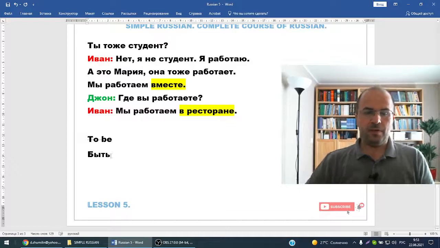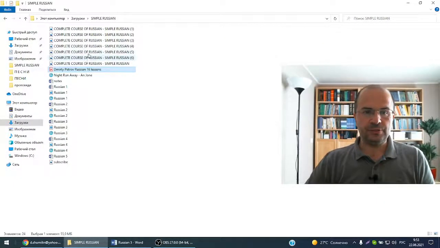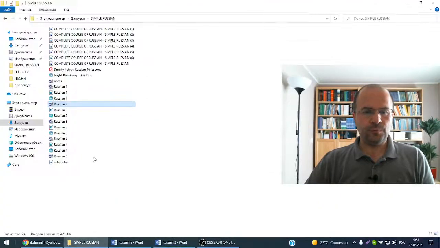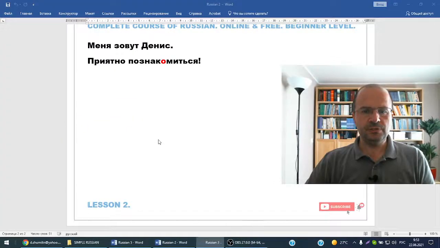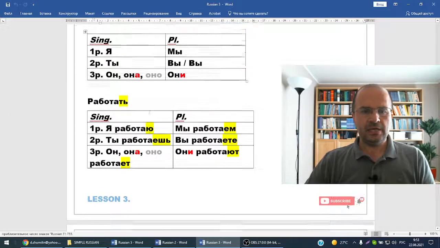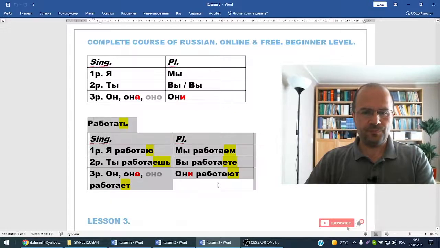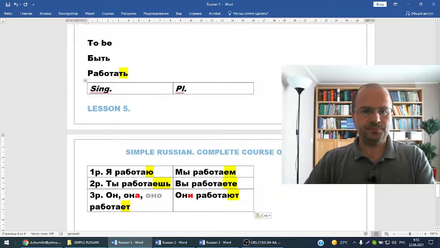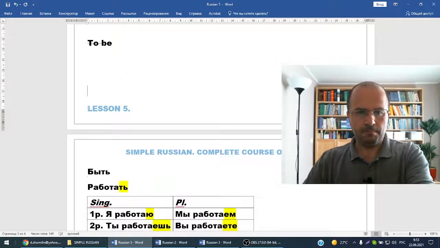And we want to conjugate it together, so I'll take this chart, быть.